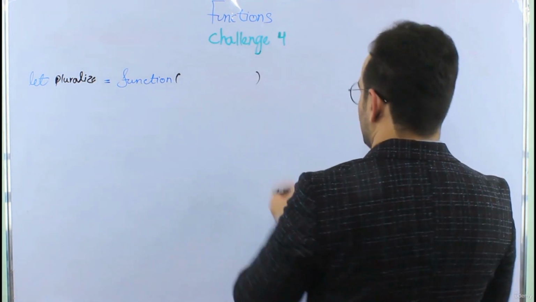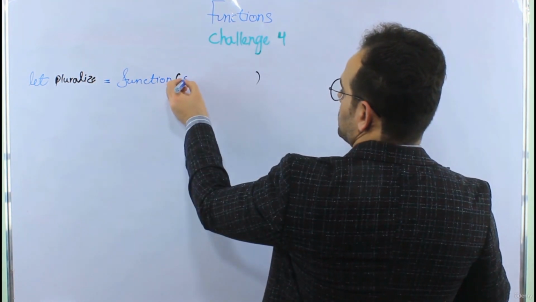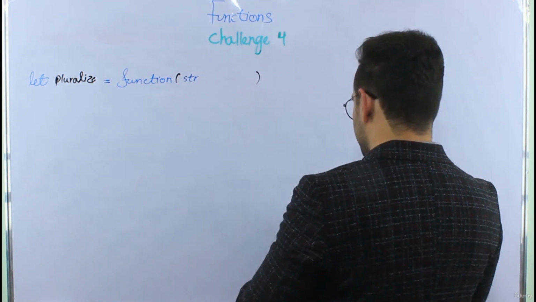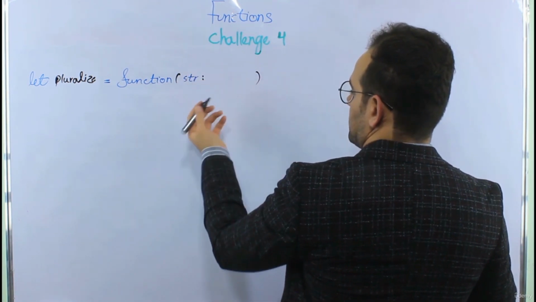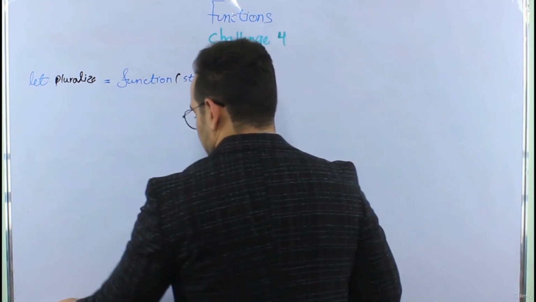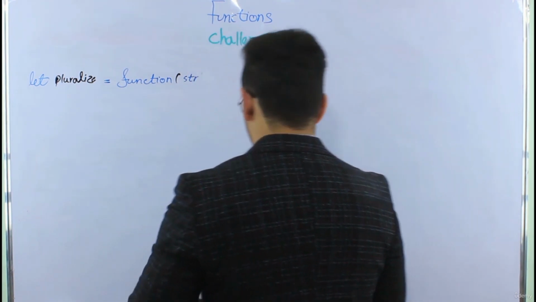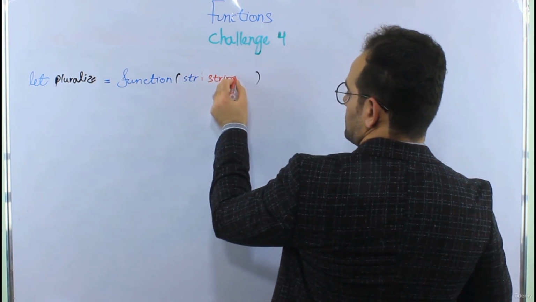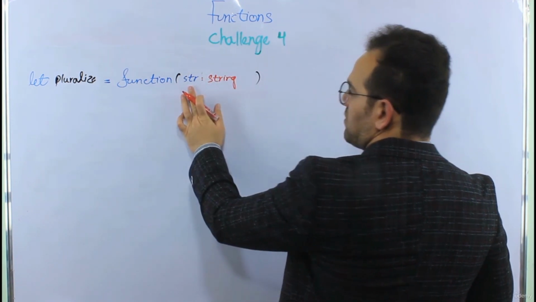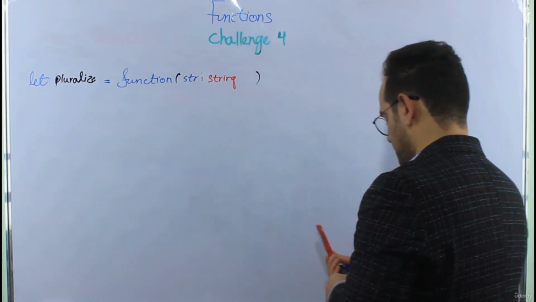So we are going to need a parameter, which I'm just going to call str. I have to type it with the red one, right? So the type for this one is string. Str is the name of the parameter, string is the type of that parameter.